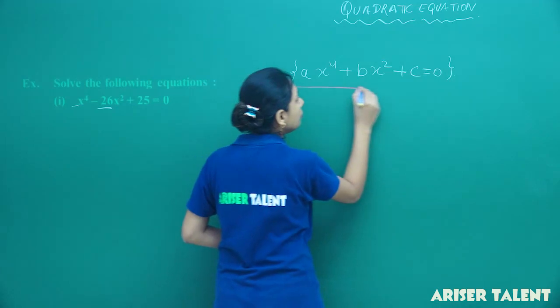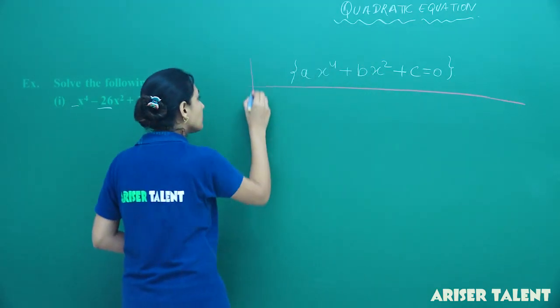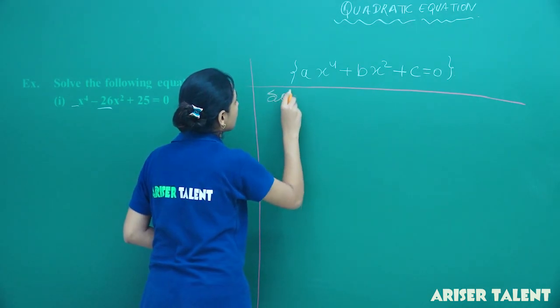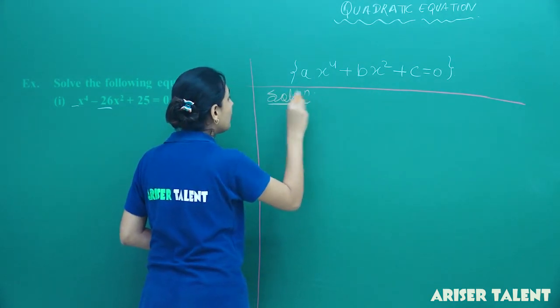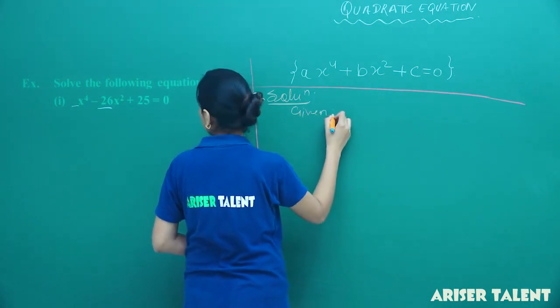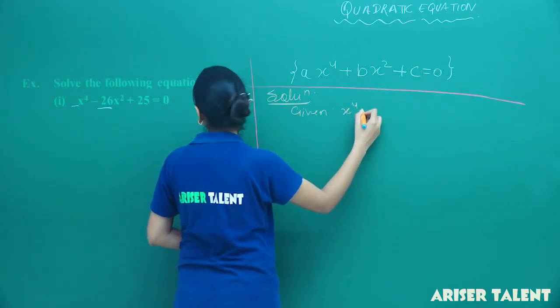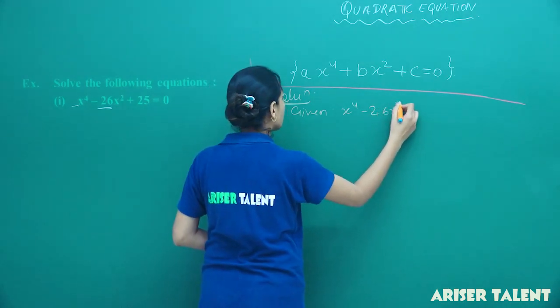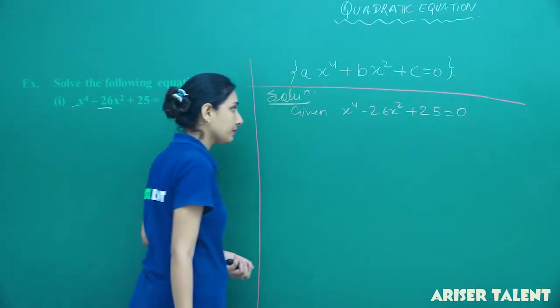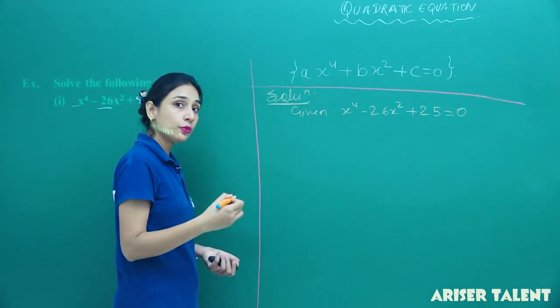Now, how will I solve this? Talking about the solution part, the given equation is x to the power 4 minus 26x square plus 25 equals to 0. Isn't it? Now what do I have to put?